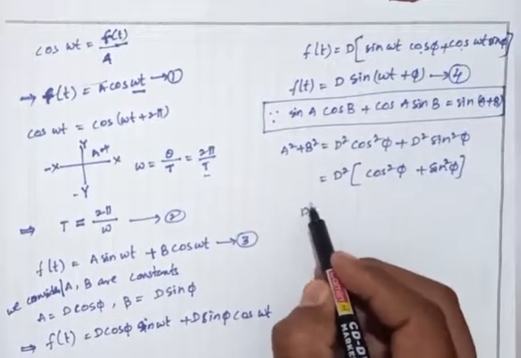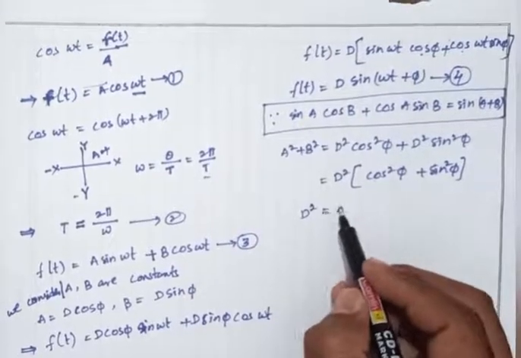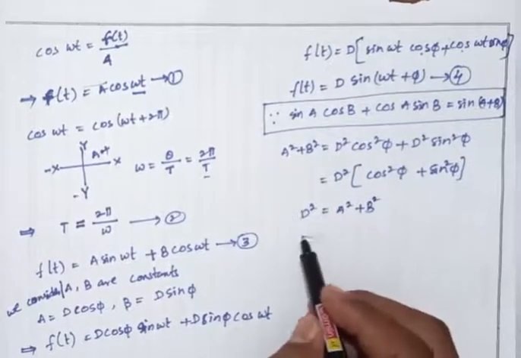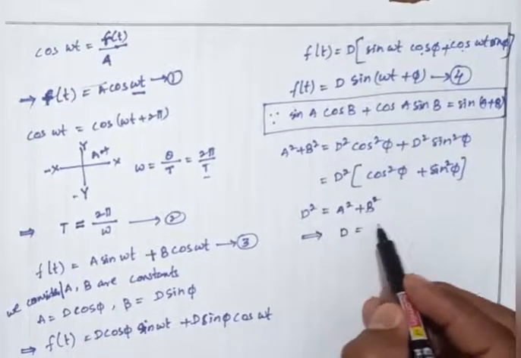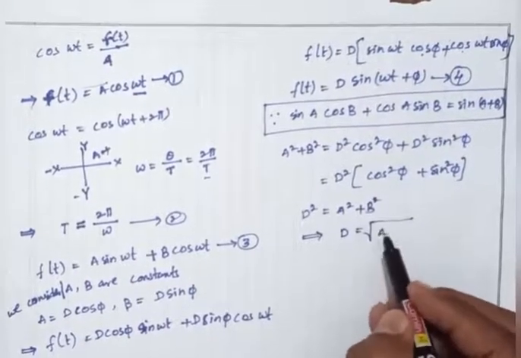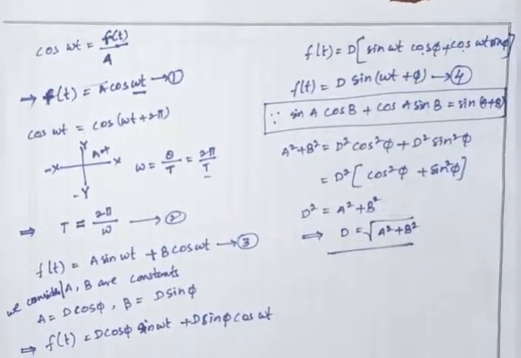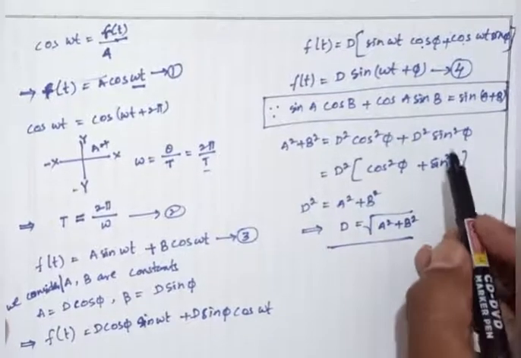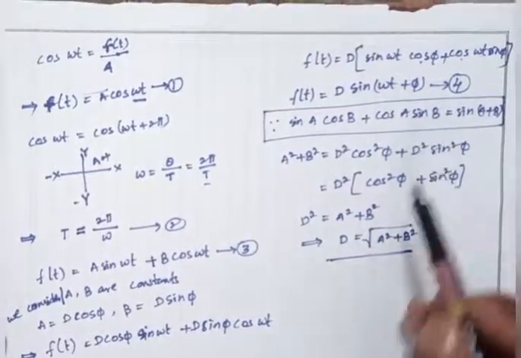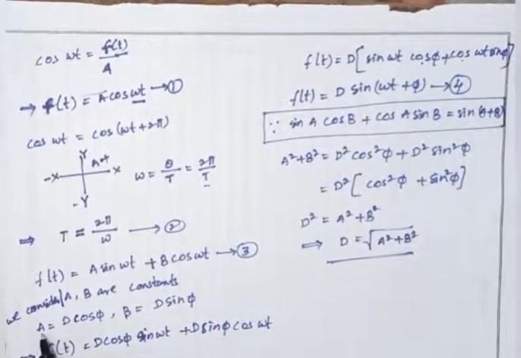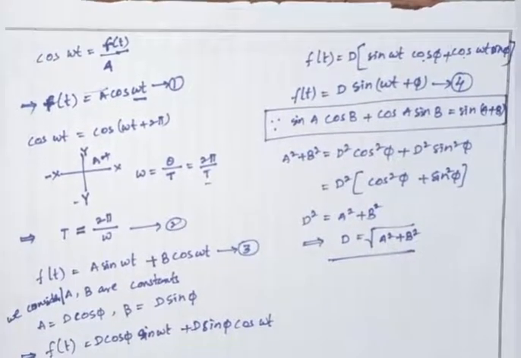So d square equals a square plus b square, and d equals the square root of a square plus b square. This is a constant.